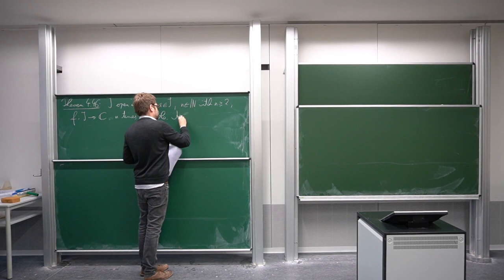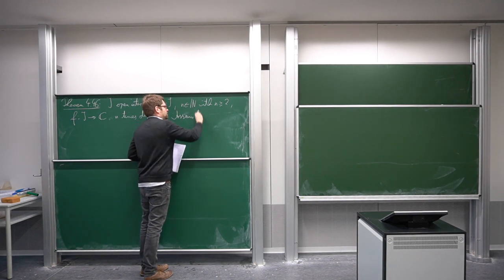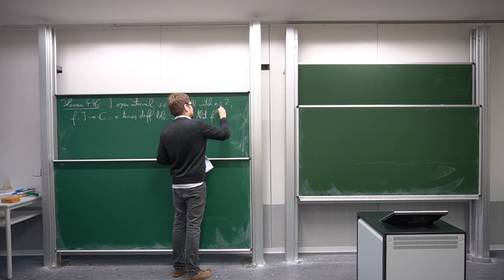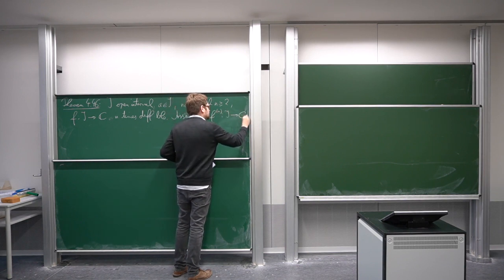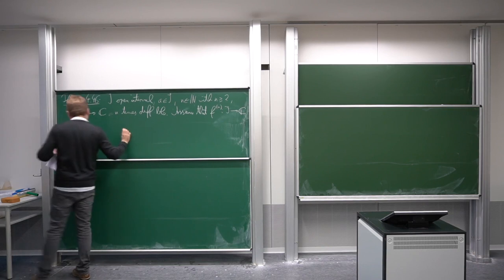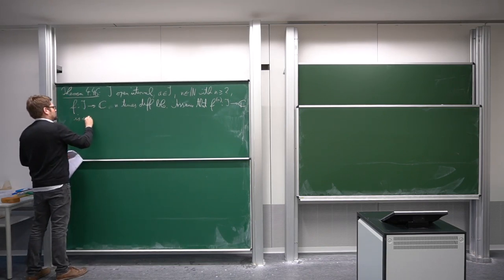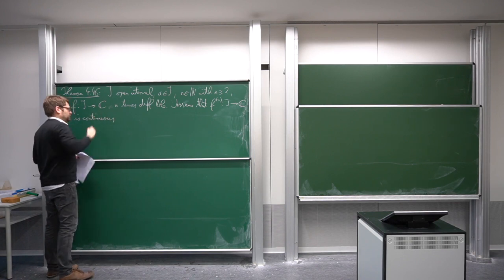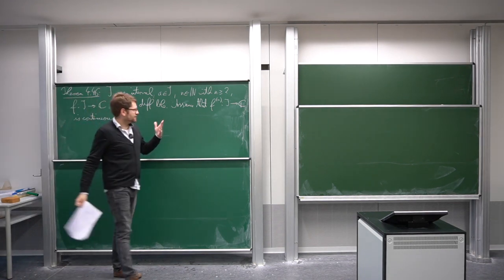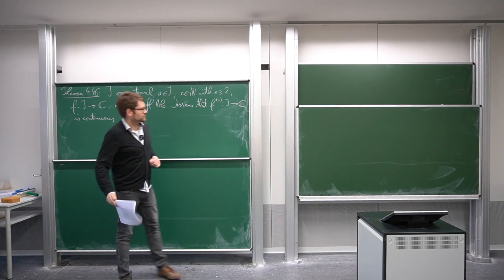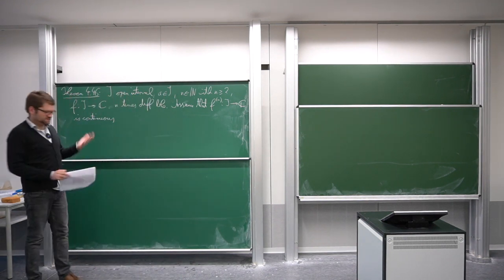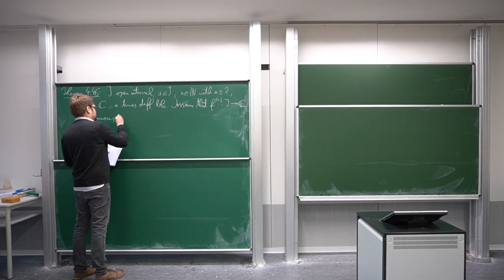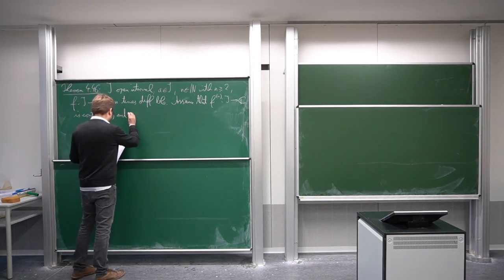So we further assume that the nth derivative, as a function from I to C, is continuous. This is, for example, automatically the case if it's n plus 1 times differentiable, because this implies that f^(n) is differentiable. Differentiable functions are continuous, so this is the most common situation that we consider. Okay, so that this is continuous, and we assume the following.